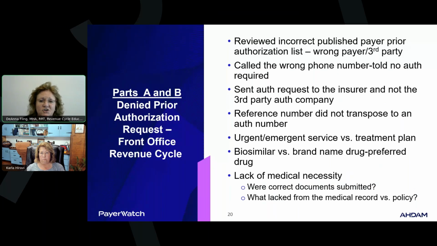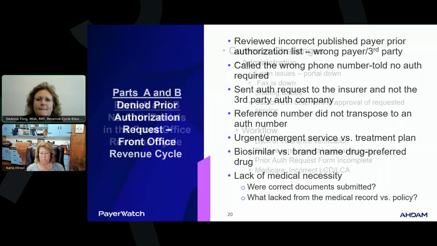There are many insurers that also accept a brand name drug or one drug over another drug, but it has the same HCPCS code, so be careful with those. And also, physicians may order a brand name drug, but the policy requires a prior auth for a biosimilar. So be sure that you talk to your physician or your clinical team to correct the signed physician order. Okay, next, Eric.